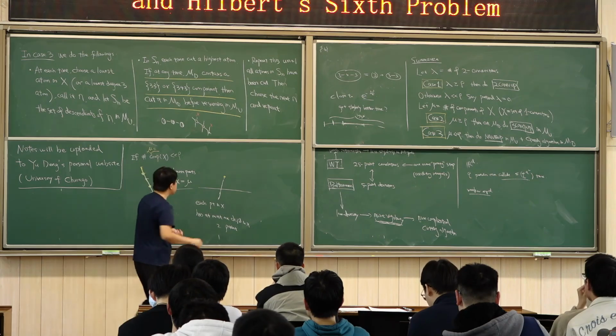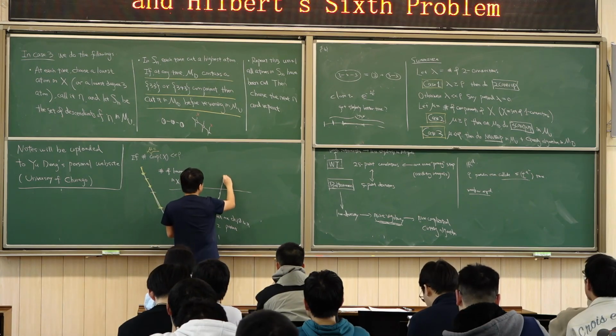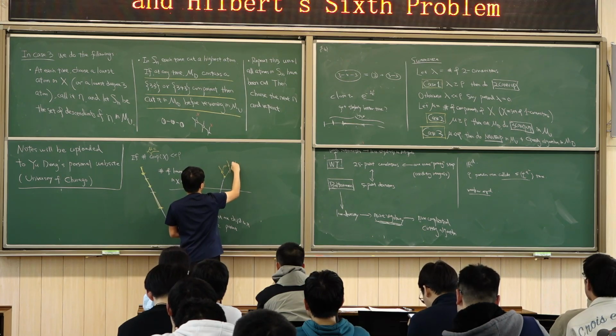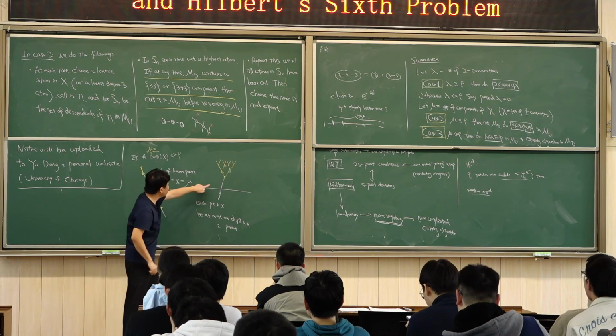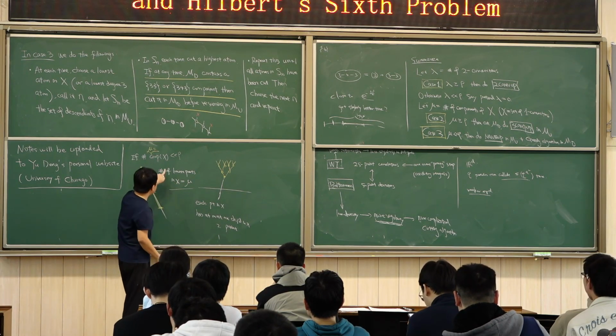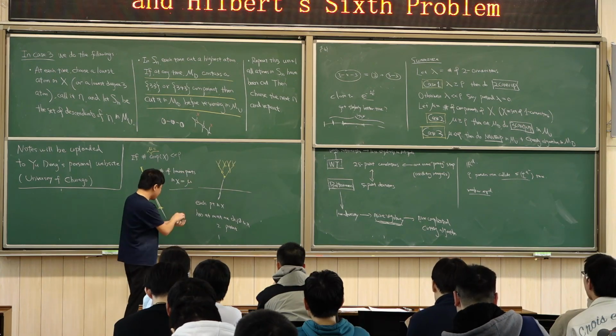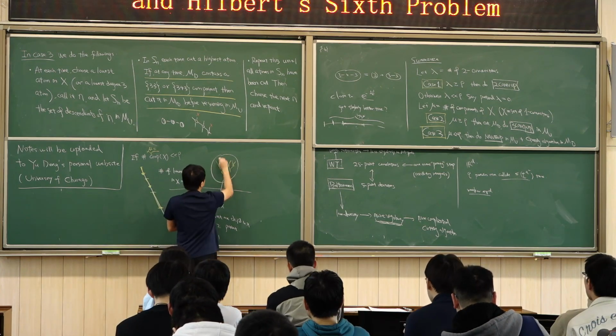Okay, so what happens here is that each component of X is going to have an upside down binary tree structure, like this, since everything is a tree. Okay, so the binary tree structure is not important, but the point is that, again, each component of X still has at most one lowest point.